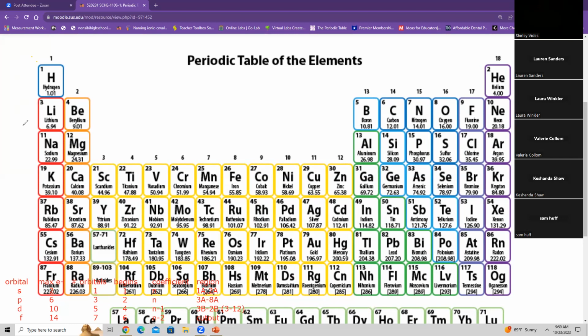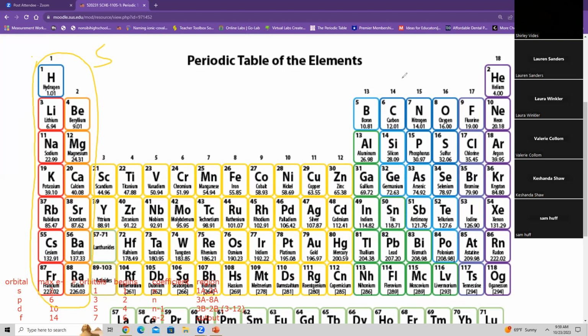Okay, so we're going to do these right here. These are your s orbitals. Remember 1 and 2. That's what it says there.